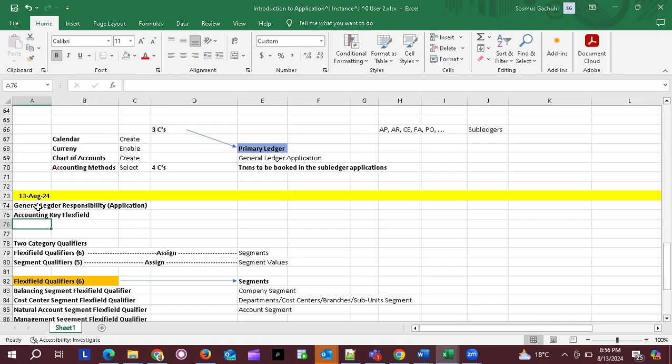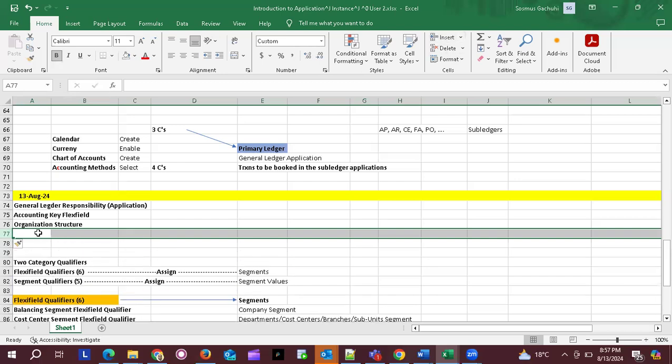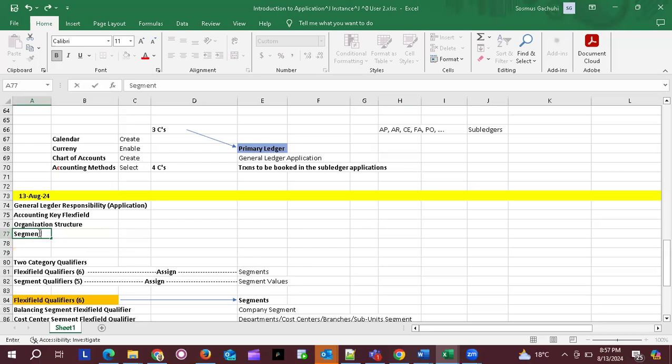So under these, that's where we'll come and create our segments. But before segments, we have organization structure. And under organization structure, that's where we can define segments and segment values.